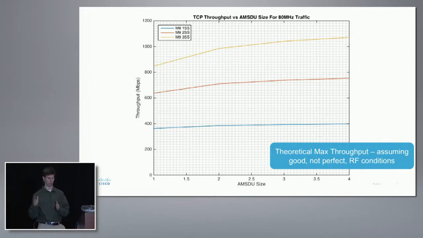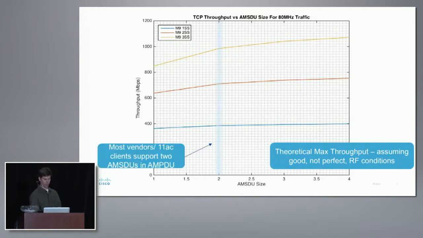So 1, 2, 3, or 4 frames in an AMSDU. Most vendors are doing 2 frames in an AMSDU. Some do 3, but 2 is the most common for clients and APs. But you can see that there's a tremendous benefit to using AMPDU of AMSDU aggregation.